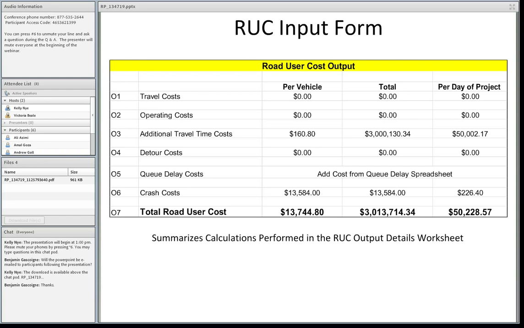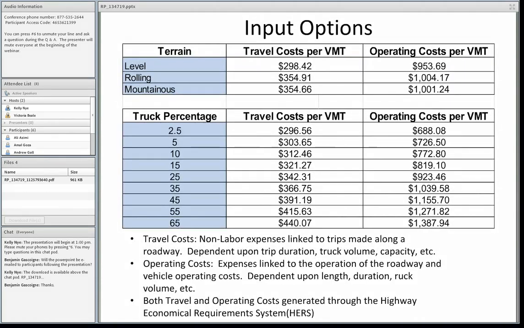Now when we get to the input options, I did want to take a little bit of time here to go over what the differences are between travel cost and operating cost, because it does show up in the output information in both the output form and the input form. The travel costs are those that are associated with the time duration it takes you to travel.